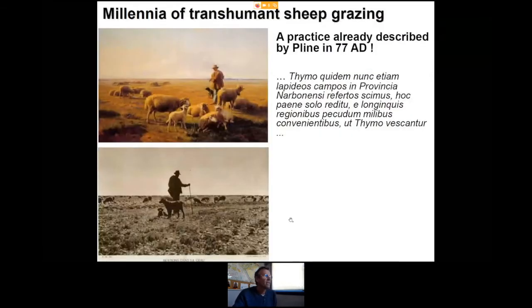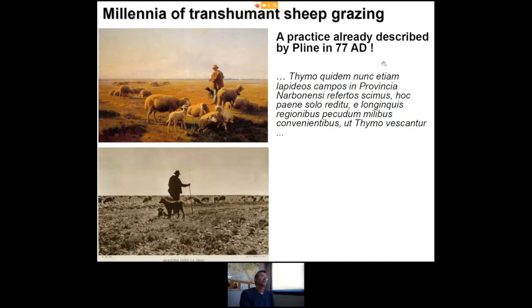And more linked with historical ecology, it is really a space of grazing. We have evidence, by documents and by archaeological traces, of millennia of transhumant grazing. And as you can see, we have very old literary data from Pliny in 77 Anno Domini.